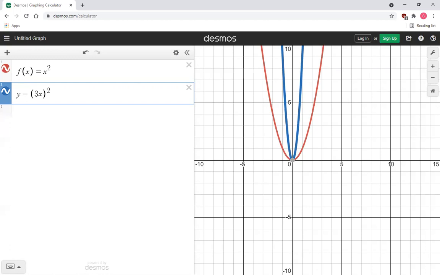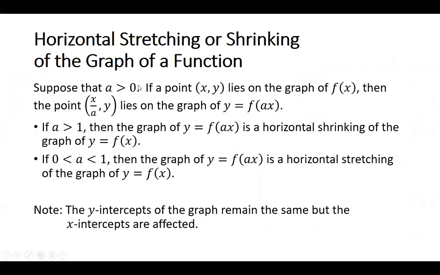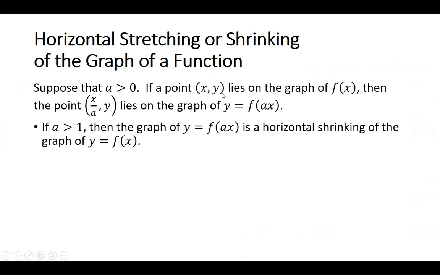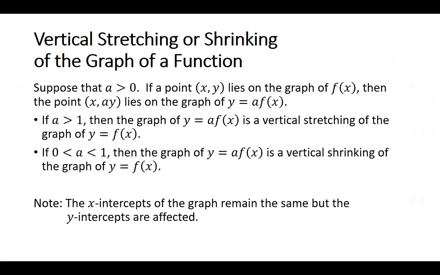Now, one thing I want to point out is the difference between these. If you remember with the vertical stretching or shrinking, we took the output of the function and multiplied it by some value. So you affect your vertical when you do something to the output of the function.